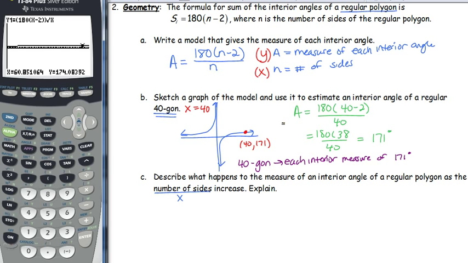So think to yourself, why can it never actually be 180 degrees? If it gets to 180 degrees, it's going to be a straight line. If it's a straight line, it's no longer a polygon because it's not going to be an enclosed figure, it's just going to be a straight line. Once it goes above 180 degrees, it's now essentially less than 180 degrees again.